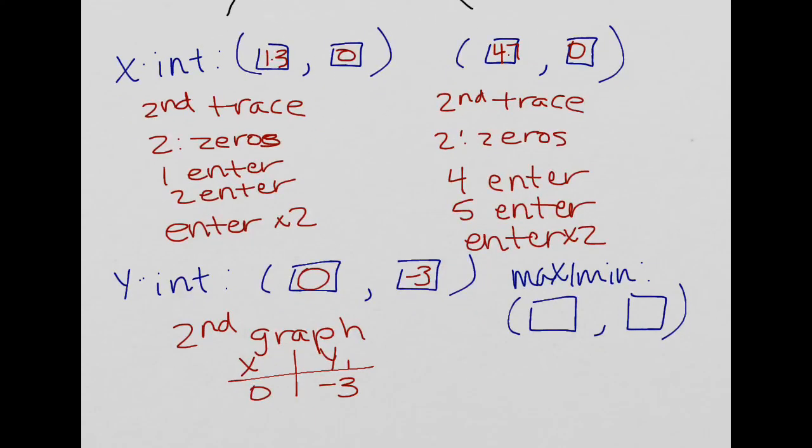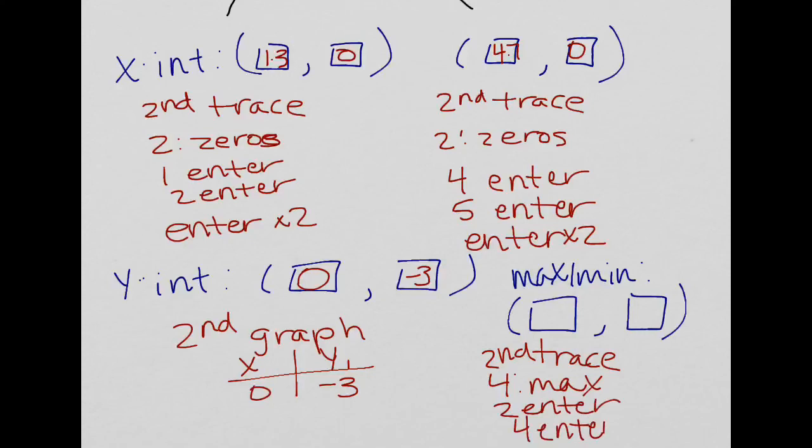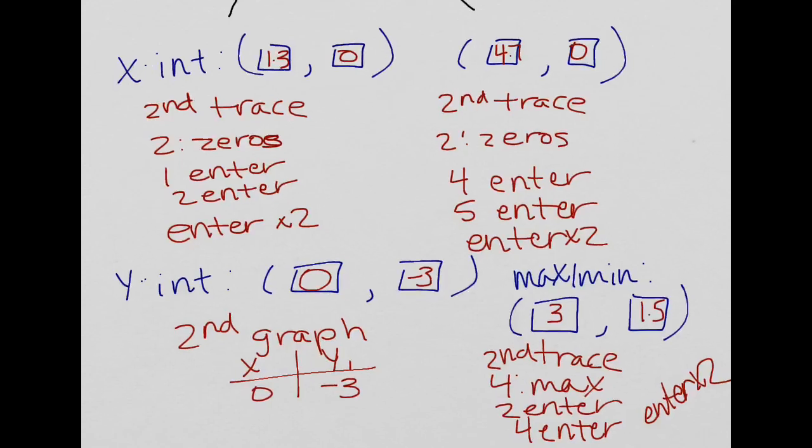So I'm going to do second trace, show me the maximum. I'll say look between, it looks like it's at 3, so between 2 and 4. Then I'm going to hit enter twice, and it'll spit out 2.99999, which rounds to 3, 1.5.